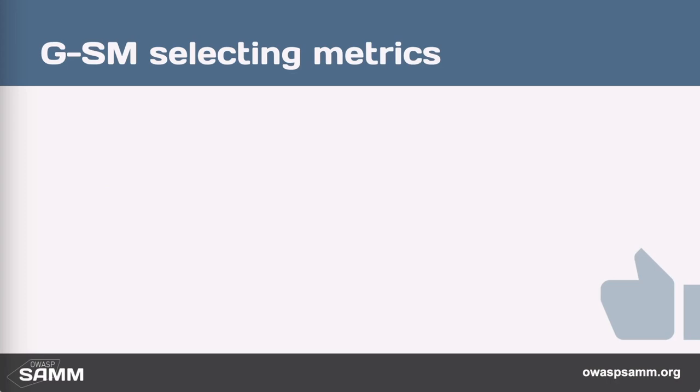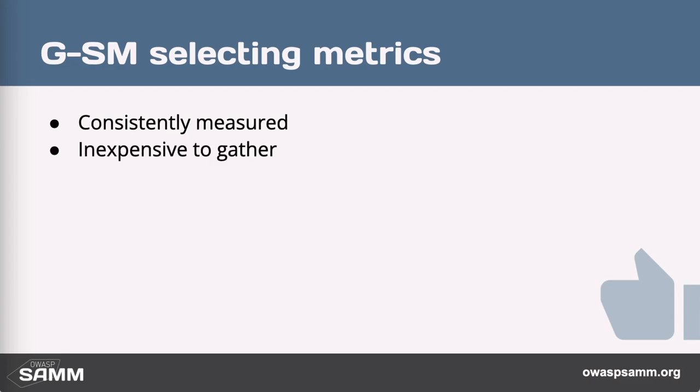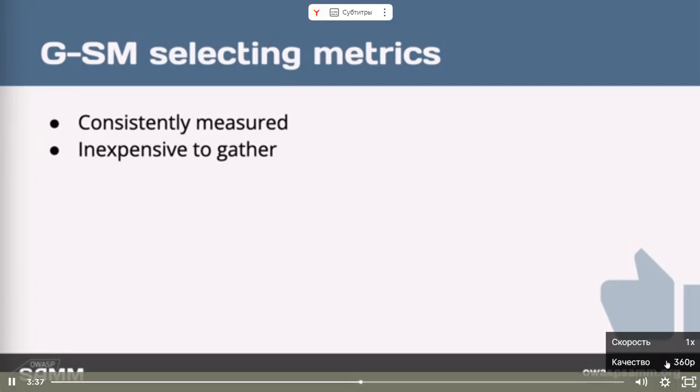Now, when you're selecting what metrics to have, you should ideally take into account all of these criteria. You want to be able to measure consistently, and that is essential. If the way a metric is measured depends on a significant amount of subjectivity, then your comparison of metrics week to week might not be meaningful and the metric loses its value. The metric should be inexpensive to gather because, as I've mentioned, if you need 3 people and 5 days to come up with a metric, then it's not a good metric.